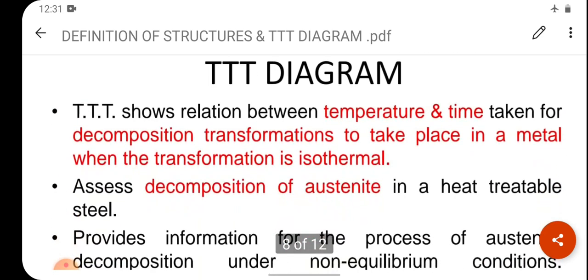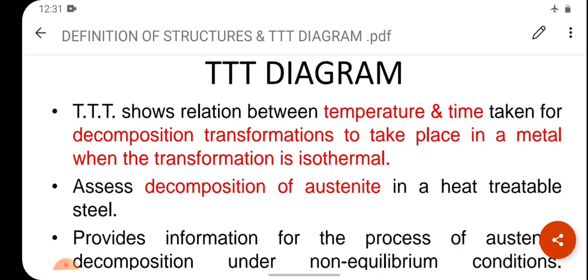Now the definition term is finished. That is, I have discussed here austenite, pearlite, ferrite, cementite, martensite, ledeburite. So these are the different structures, microstructures or definitions of phases present in the iron carbon equilibrium diagram. So now I am going to discuss the TTT diagram.